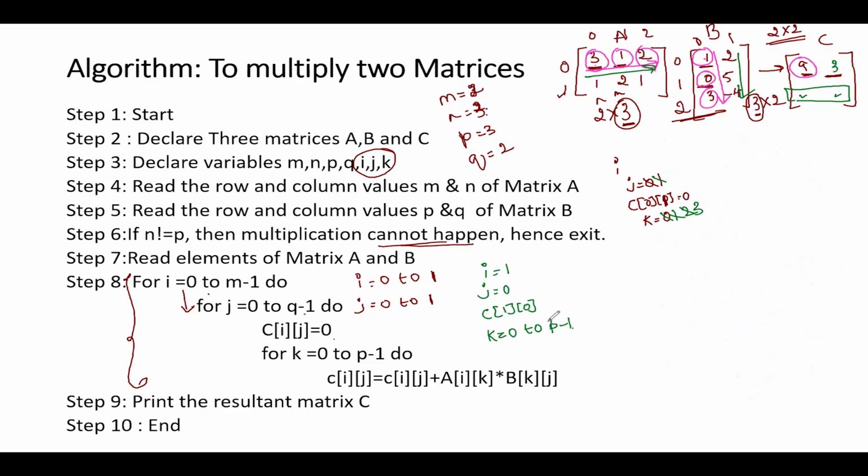So here now, as you know that I value is now 1, j value is 0, and k value is once again starting from 0. We have c of 1 comma 0 is equal to 0, which means initially this value is 0.